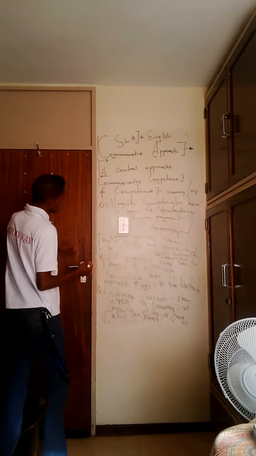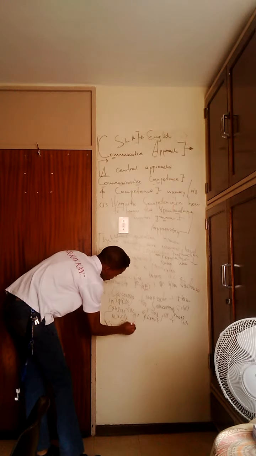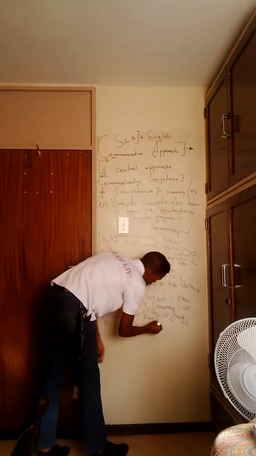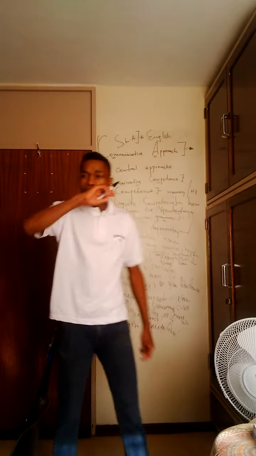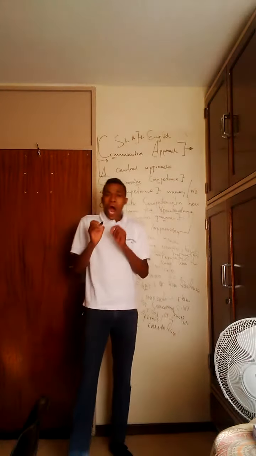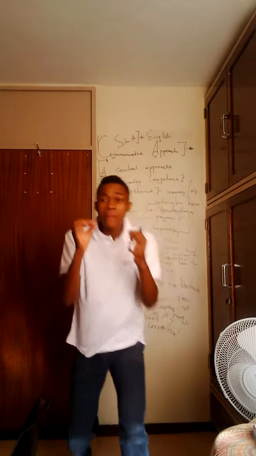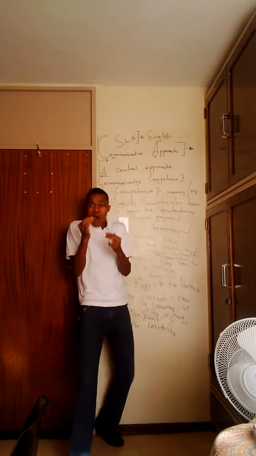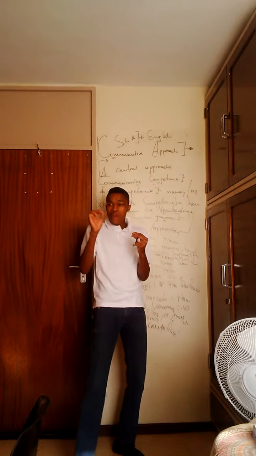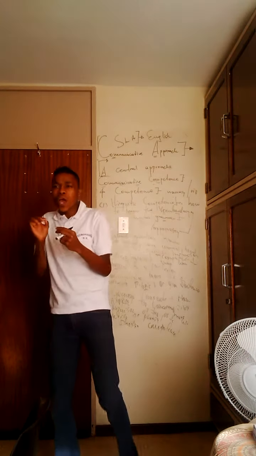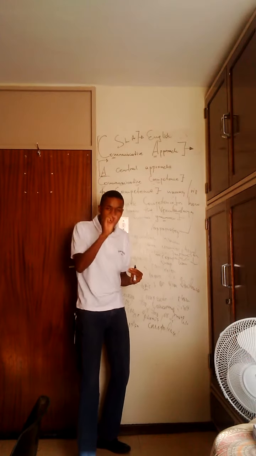The fourth one is strategic competence. When we talk about strategic competence, we are talking about how to recognize and repair communication breakdowns, how to work around gaps in someone's knowledge, and how to know when you have misunderstood someone.